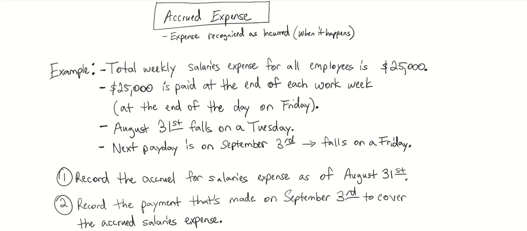So number one, we got to record the accrual. Another typo here, I'll just fix that live. Record the accrual for salaries expense as of August 31st. And then number two, record the payment that's made on September 3rd to cover the accrued salaries expense.